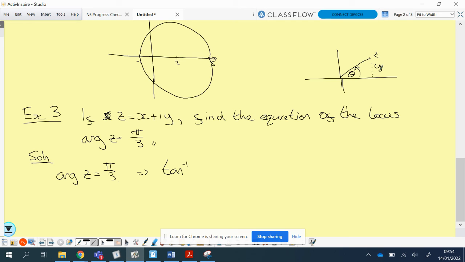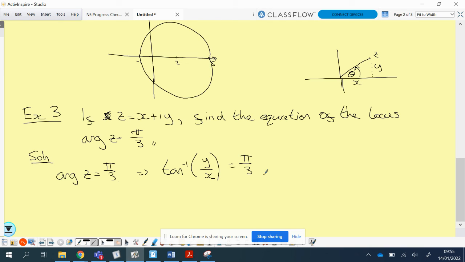Remember, this distance was always the y, and that distance was always the x. So to get the argument, it was always the tan inverse of the distance of y divided by the distance of x. And we know that has to be pi over 3.